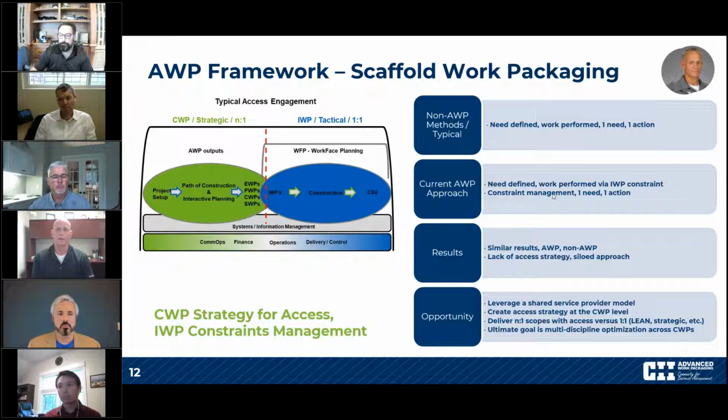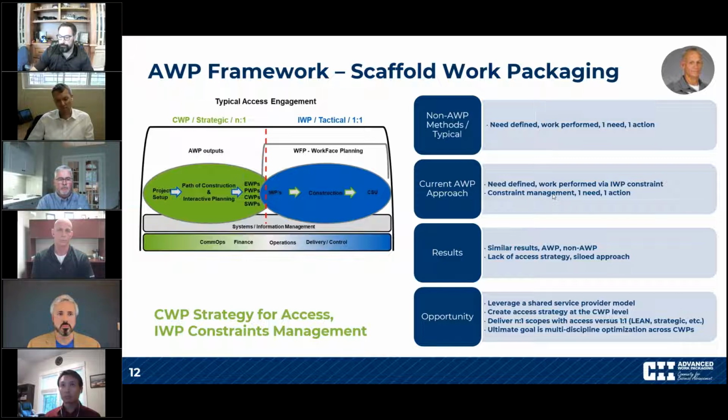That constraint management, while important, helps us do our lean things, focus on productivity, and manage schedule and resource. But it does set us up to be working multiple streams around individual constraints, and we're only as good as the craft's ability to pre-plan and keep work in front of us strategically.